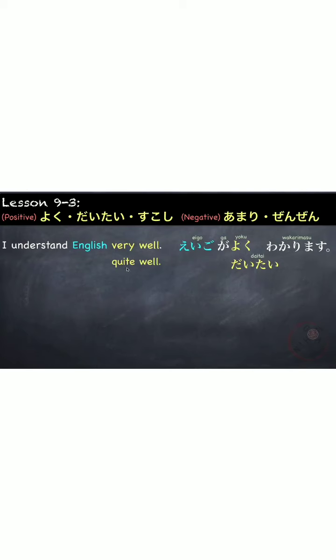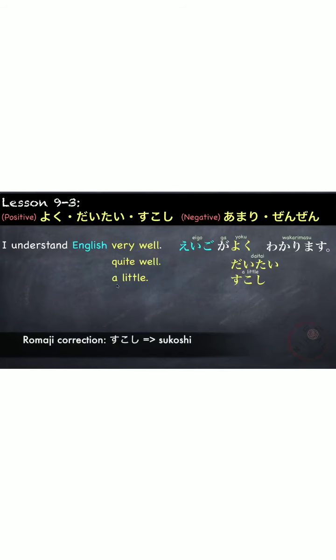Here are some examples. I understand English very well. 英語がよくわかります. Or, I understand English quite well. So less than very well. So quite well, fairly or roughly, 英語がだいたいわかります。And lower than that is a little.